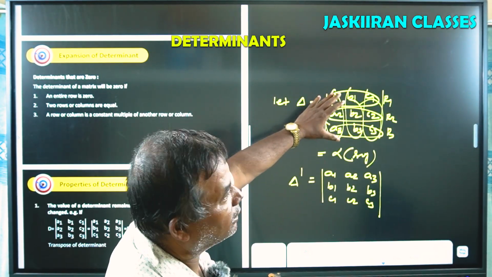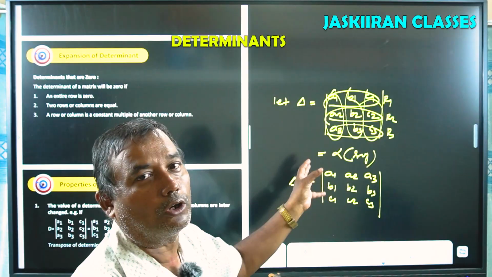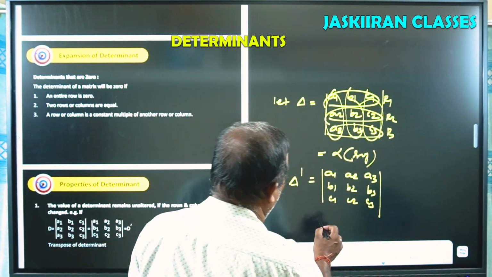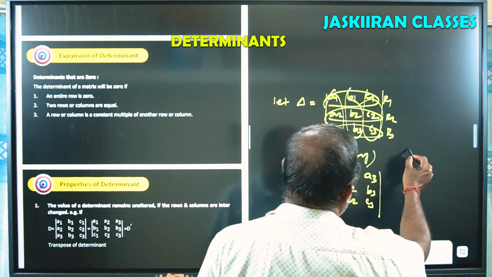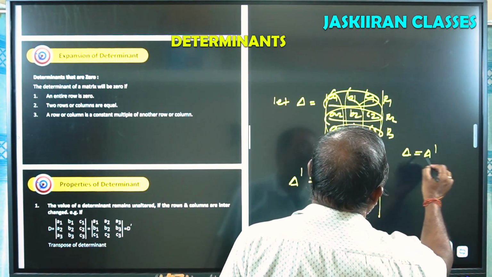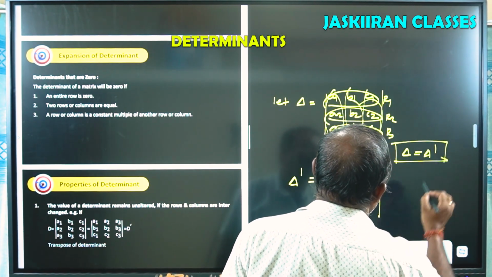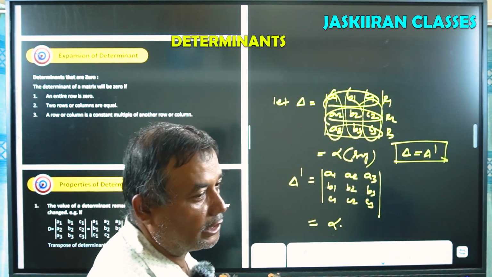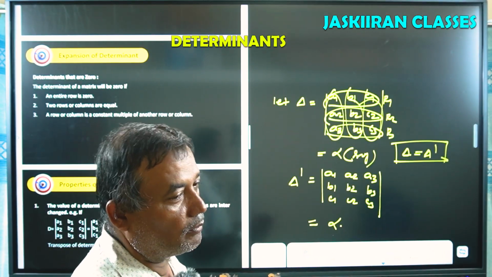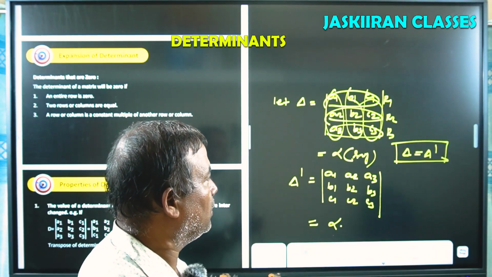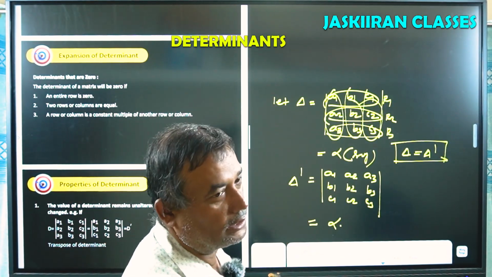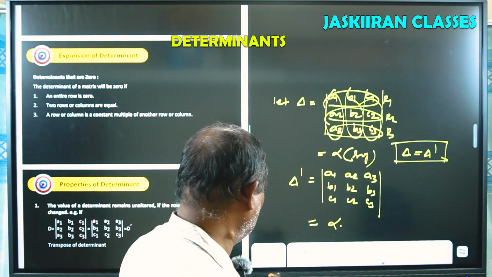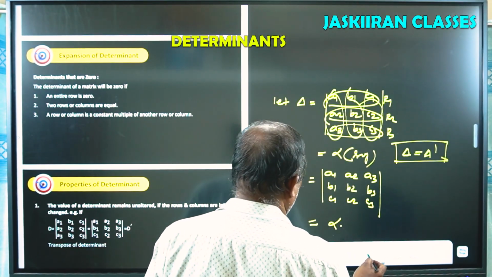Similarly, if we interchange rows into columns or columns into rows, we get the value of the determinant also alpha. So that means del is equal to del dash. That means the transpose of any 3 cross 3 square matrix gives a determinant whose value is always the same.